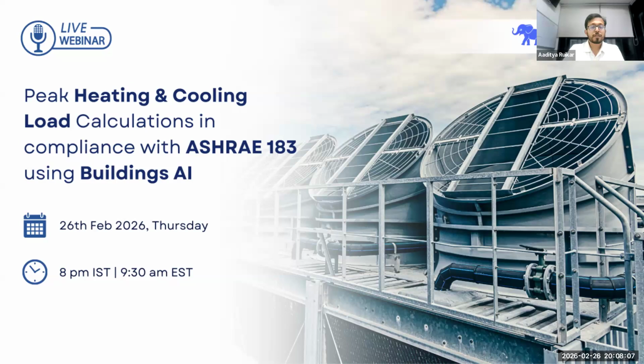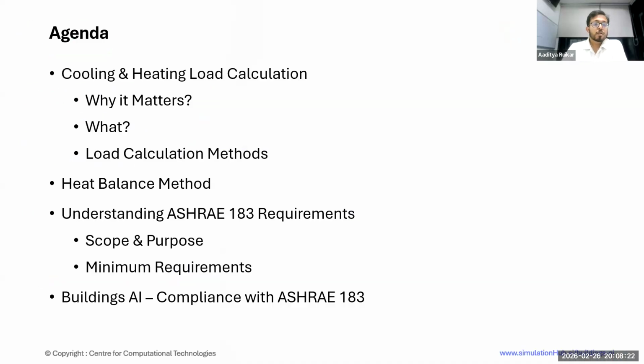Thank you, Praveen, for the great introduction of Buildings AI and its AI-assisted tools and capabilities. I'll start with today's agenda. First we'll see what is meant by cooling and heating load calculations and why it matters, then the load calculation methods, and the heat balance method, which is the gold standard as mentioned by ASHRAE, and why it is so.